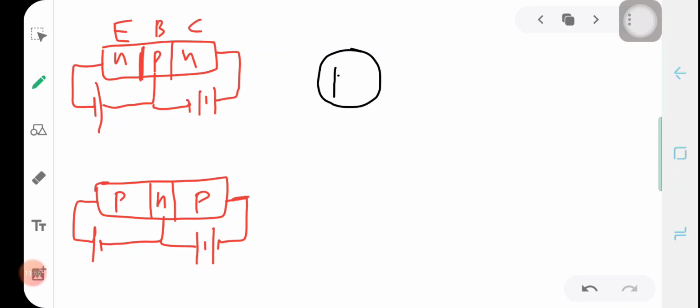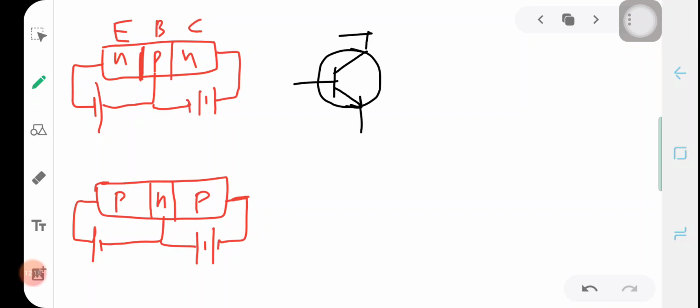So we make one terminal here like this, another terminal is here, and one terminal is arrow marked at the end, and the third terminal is here.